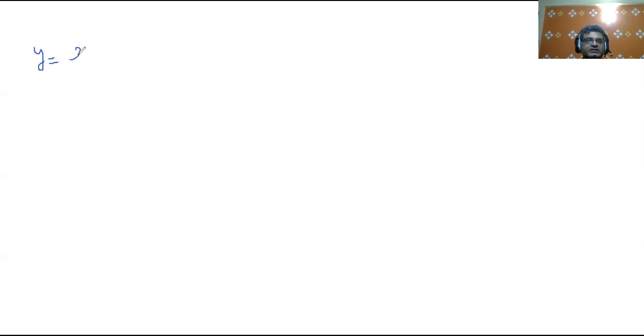When y is equal to sine x plus pi by 4, you can see here that when x is equal to minus pi by 4, then y is equal to 0. So we'll plot the graph only in terms of pi by 4.